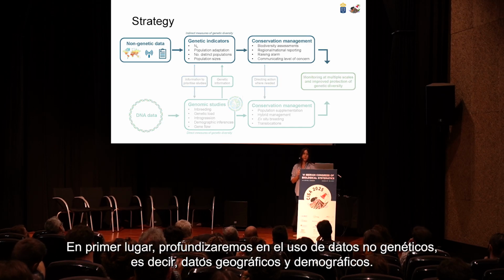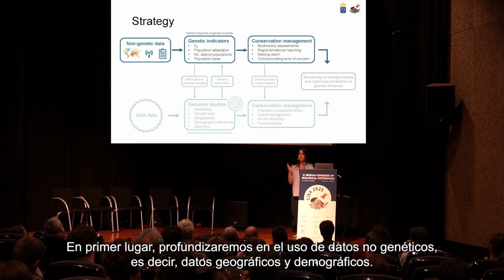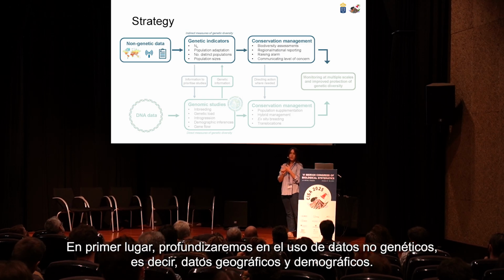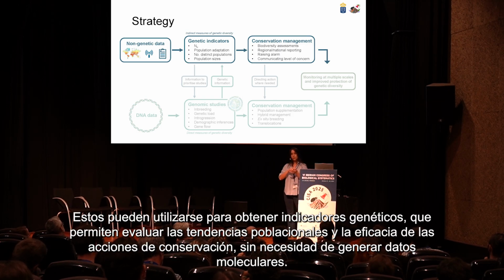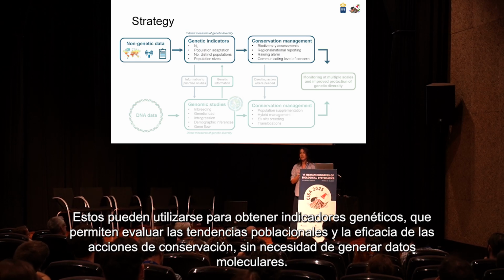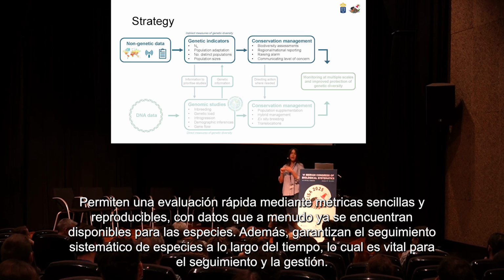So I'll start by talking about non-genetic data, which are proxy-based geographic and demographic data, which we can use to derive these genetic indicators that can inform us about the genetic trends, status, and also assess the efficacy of conservation policies on species.